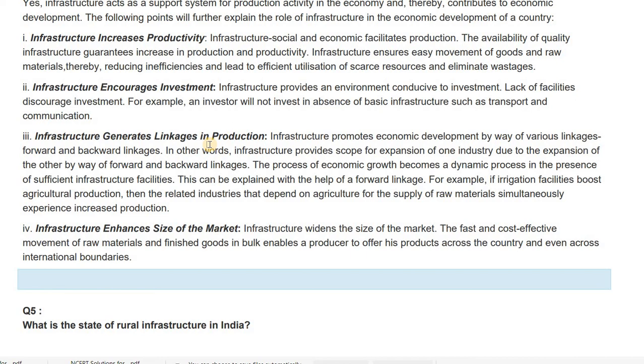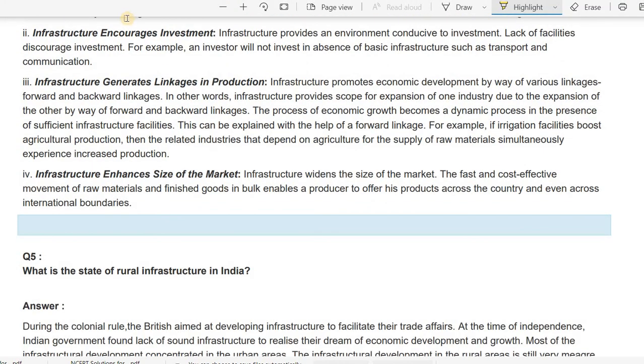It enables producers to offer products. It means if proper transportation facility is there, they can supply their finished goods in our country, across the country, and across international boundaries.